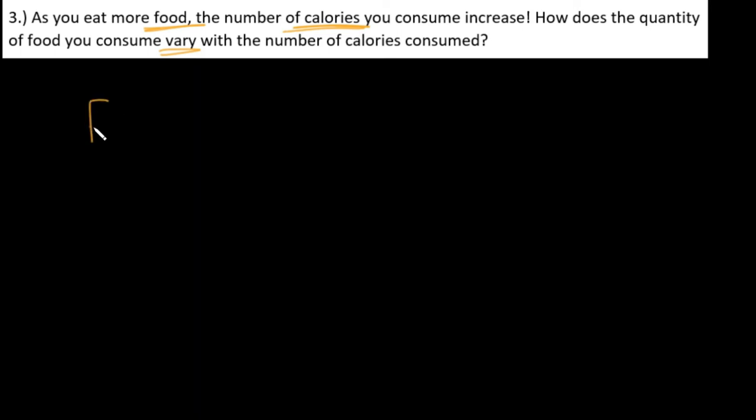Let's go ahead and write food. And then let's also over here write calories. Now there's a very simple way to figure this out. As we eat more food, ask yourself what happens to the calories. Do the number of calories increase or do they decrease?